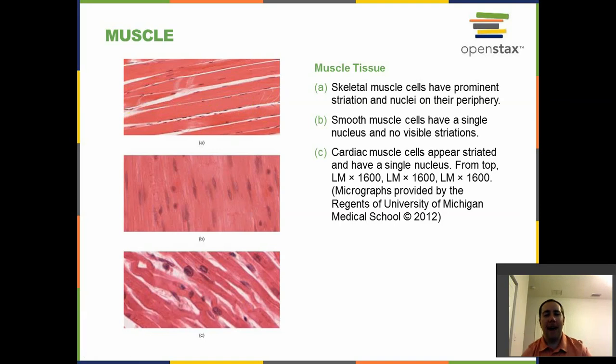Skeletal muscle cells actually have a whole bunch of nuclei because they started as multiple cells that fused together to make one. And because they're so big, each nucleus can only control a certain volume or space or amount of cell. So to control a very large cell, we need multiple control centers.